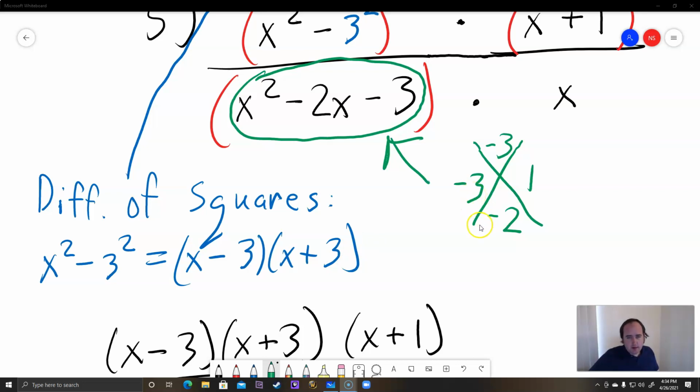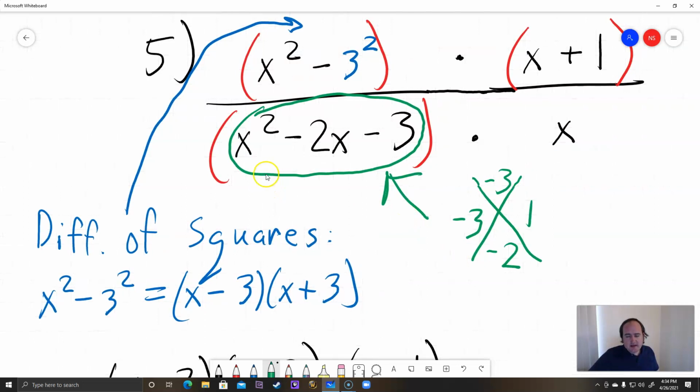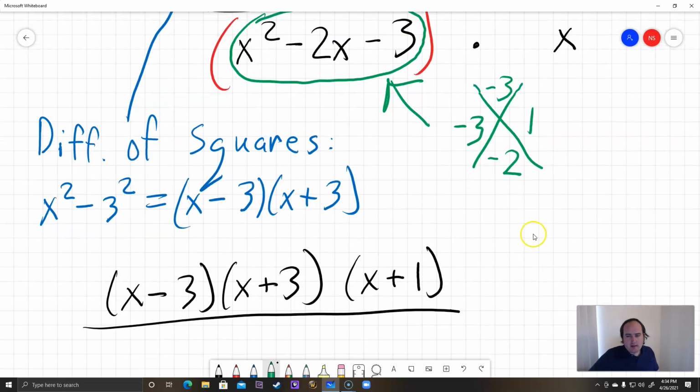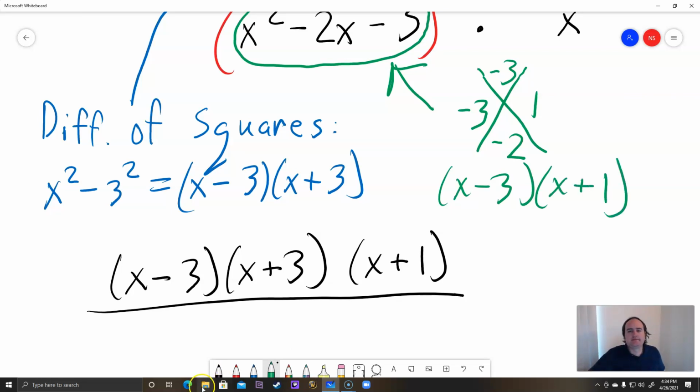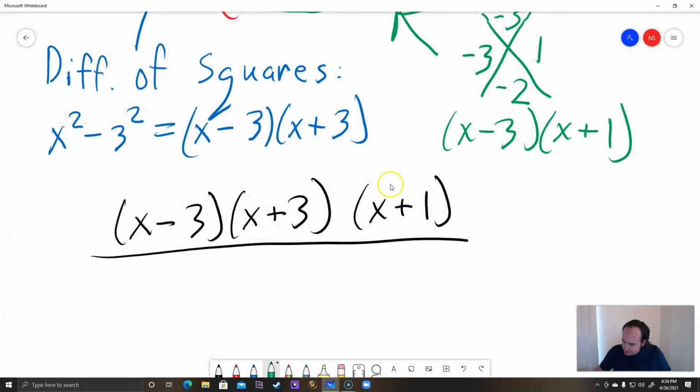I'm doing better today. Alright, so what we got here is x squared minus 2x minus 3 is going to factor as x minus 3 times x plus 1. So on the bottom left, we actually have x minus 3 times x plus 1.